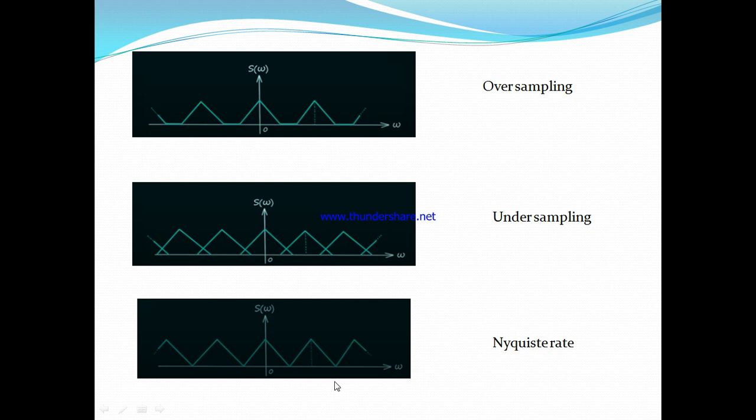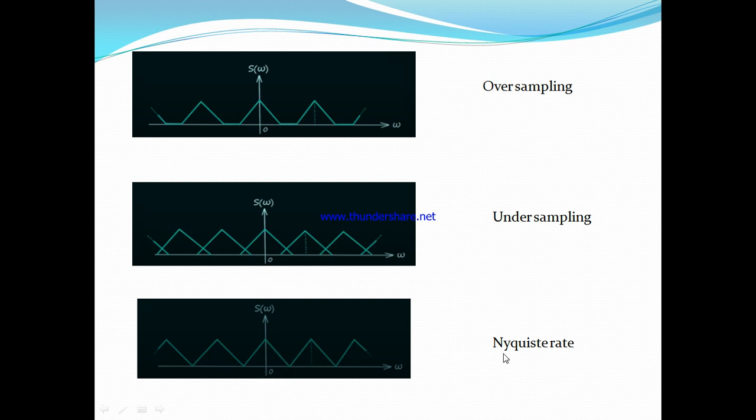This is the Nyquist rate. Here the spectra of the shifted signals are just touching. This is the minimum sampling frequency, and we can recover the message signal.